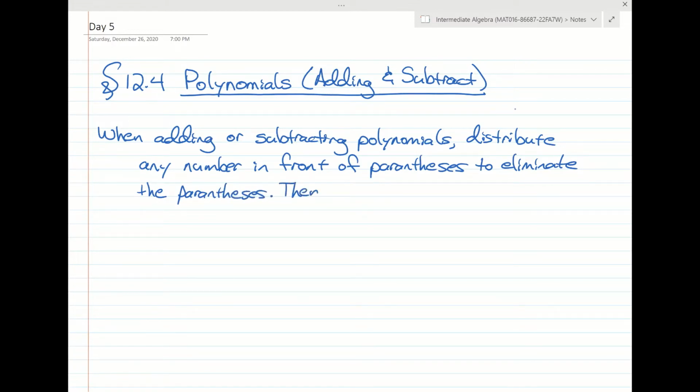And then combine like terms. We talked about like terms in our last class. Like terms just mean they have the same variable and the same variable powers.